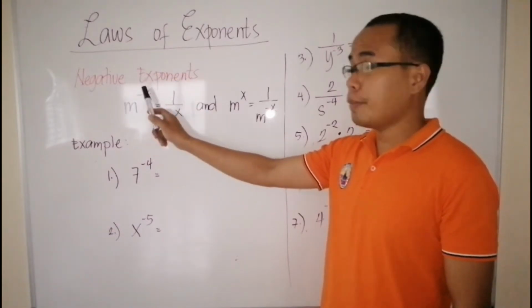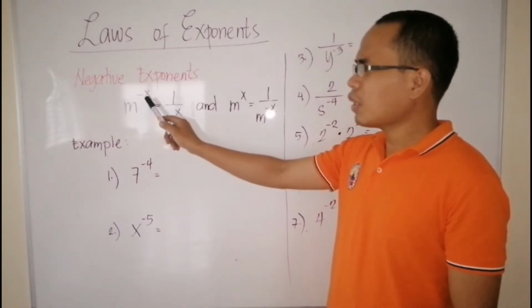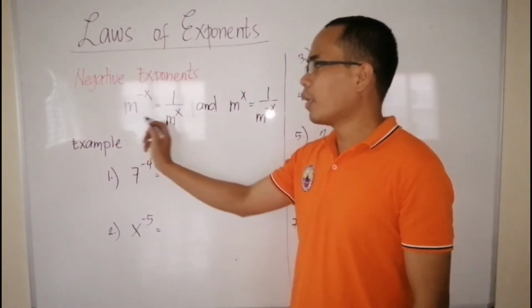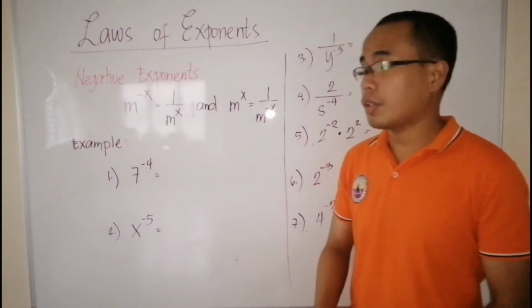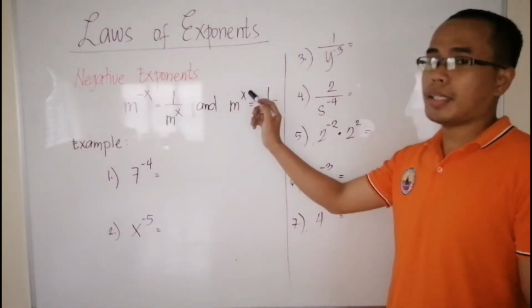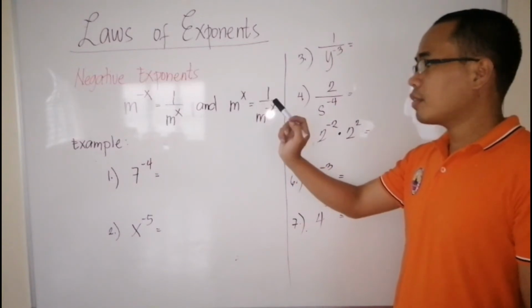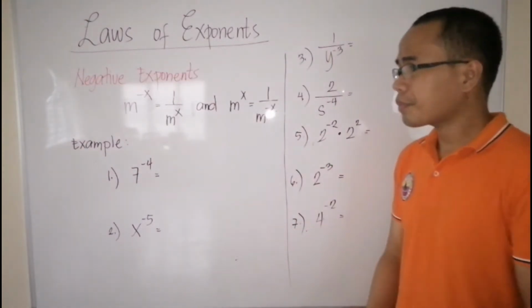Para maging positive yan, kukunin mo lang ang reciprocal nito. So meron siyang denominator na 1. So yung 1, yung denominator nito pupunta sa taas. Okay?